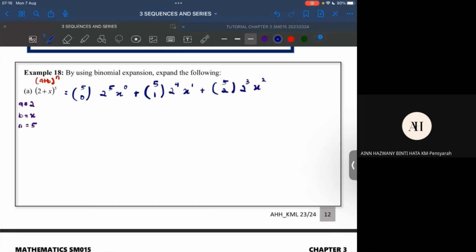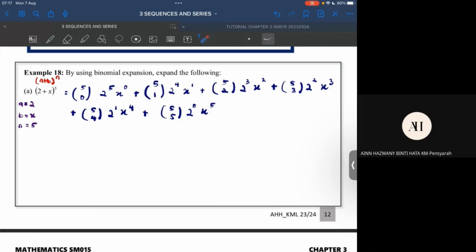Plus 5 3, turun, naik. Plus 5 4, turun, naik. Plus 5 5, dan kita tahu kita akan berhenti. Let's see betul ke apa yang kita buat. Turun, naik. Which is you are supposed to end up with yang ni akan jadi 0, yang ni pula akan jadi n.